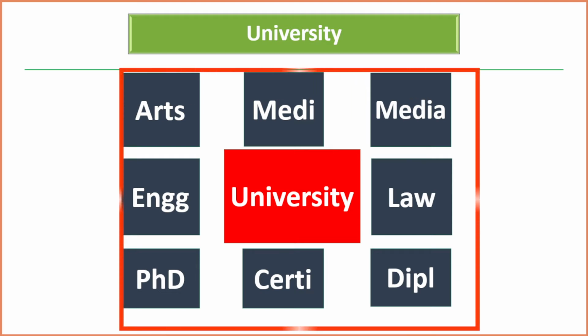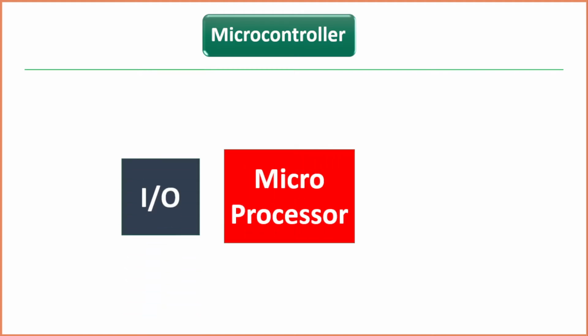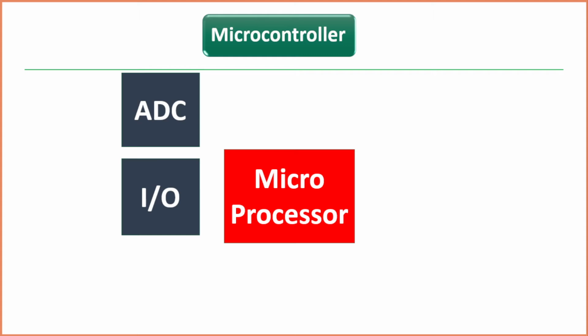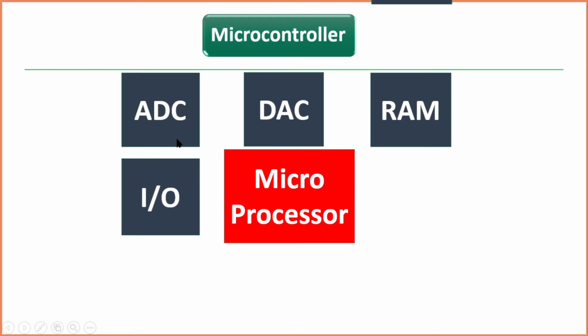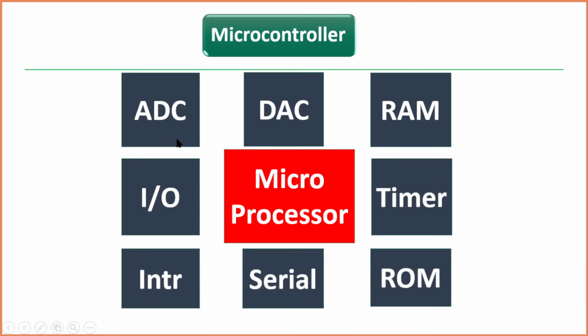That's what we are studying in our courses. When it comes to microcontroller, microcontroller means it will have a microprocessor, then it will have IO devices, ADC, DAC, RAM, ROM, timer, serial port, interrupt.